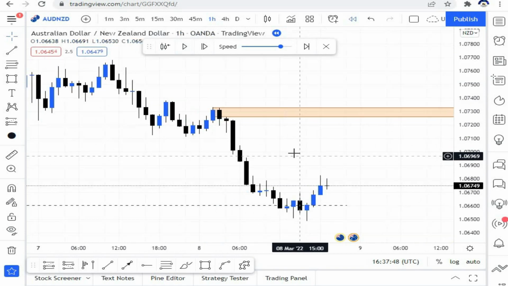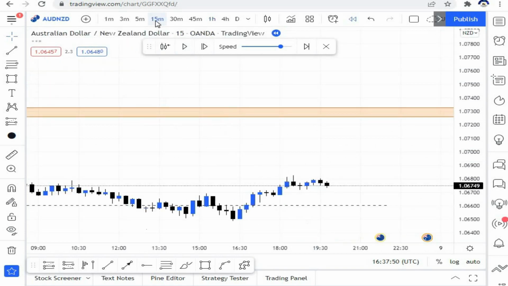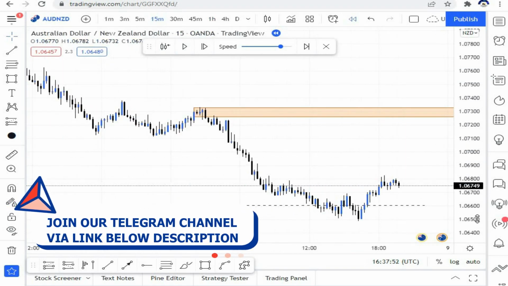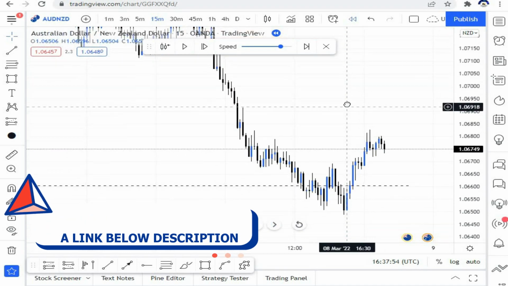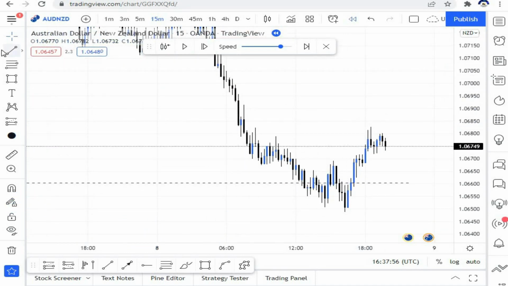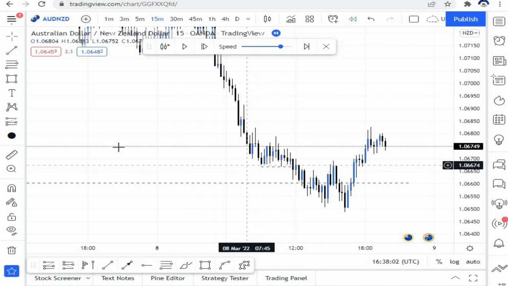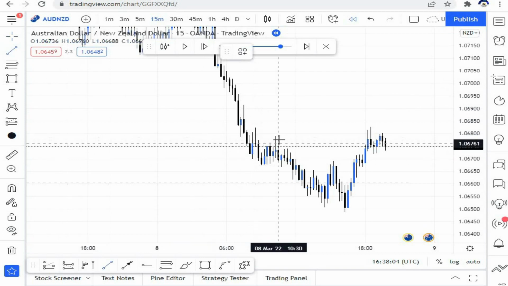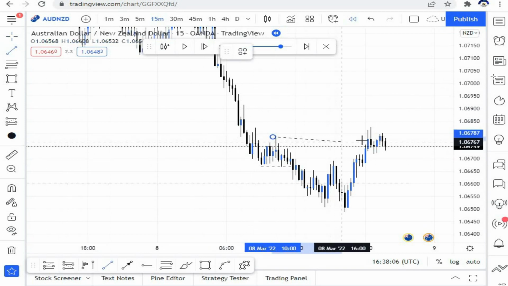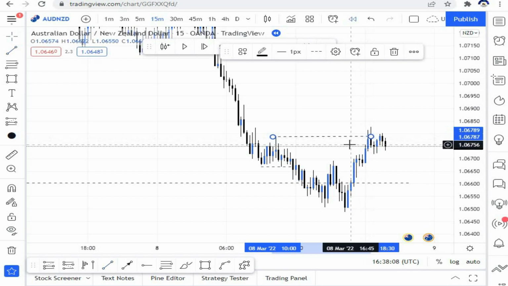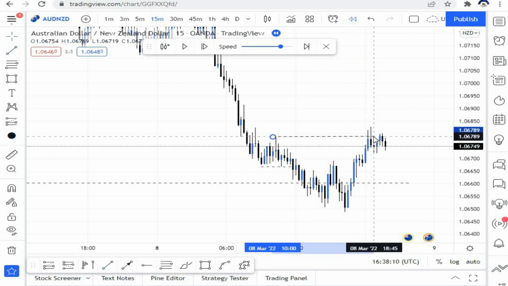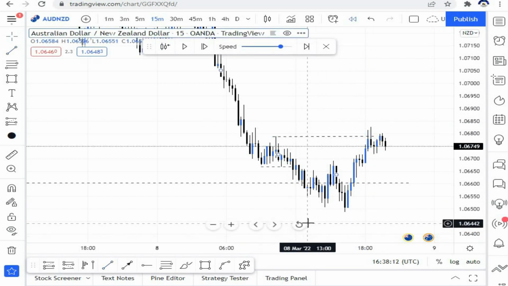So even if we go to a smaller time frame, as you can see, guys, here is where the breakout structure was. And this was the last lower high, and it was being taken out.